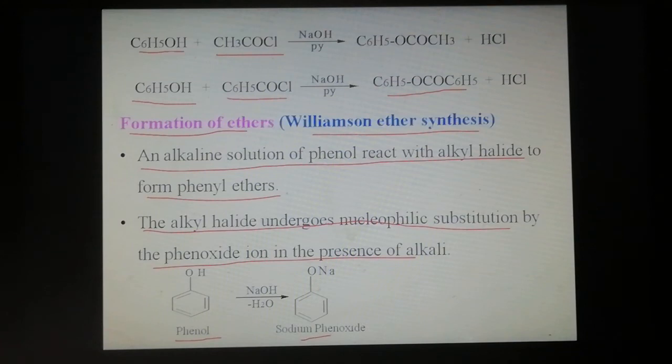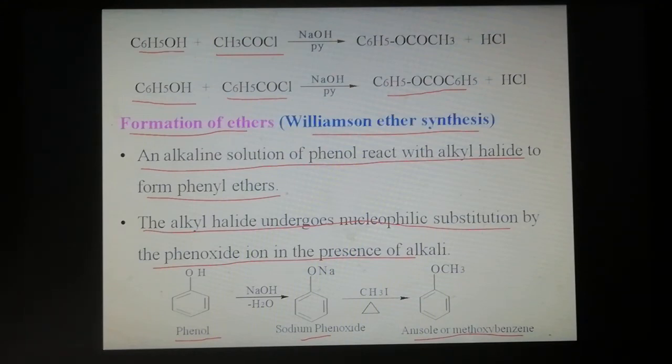Then sodium phenoxide treated with an alkyl halide, methyl iodide, CH3I, forms anisole, or methoxybenzene, C6H5OCH3, an aryl ether.